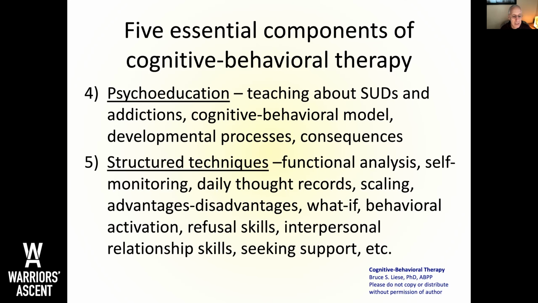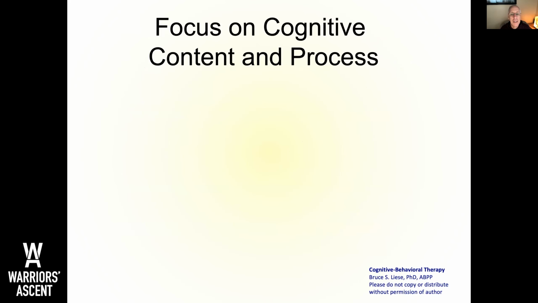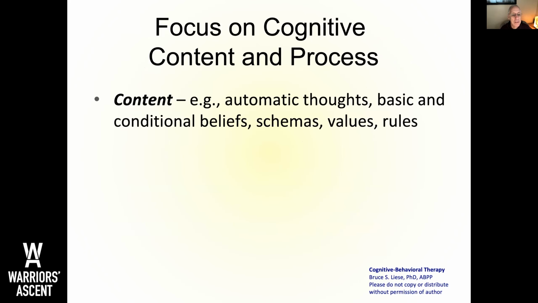That's psychoeducation. And then all these techniques for making changes, like functional analysis, self-monitoring, daily thought records. These are all approaches that you will hear from various types of cognitive behavioral therapists. So the content of cognitive behavioral therapy is important.